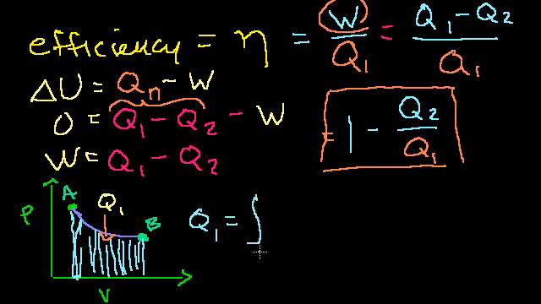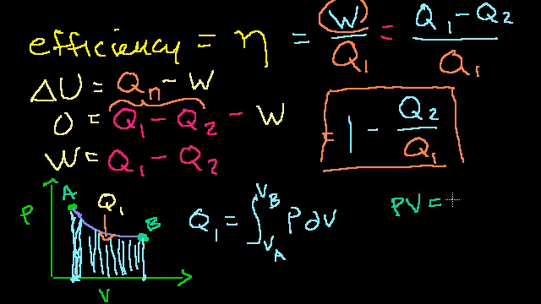It's equal to the integral from our volume at A to our volume at B. We're starting here, and we're going to our volume at B. We're taking the integral of pressure times our change in volume, dV. I've done this multiple times, but I'll do it again. We go back to our ideal gas formula.